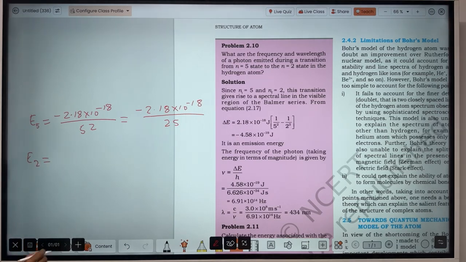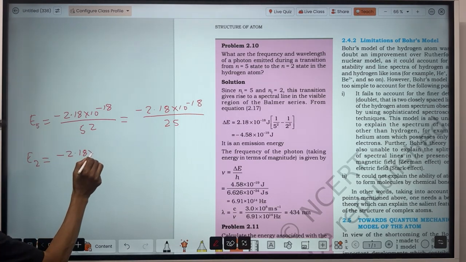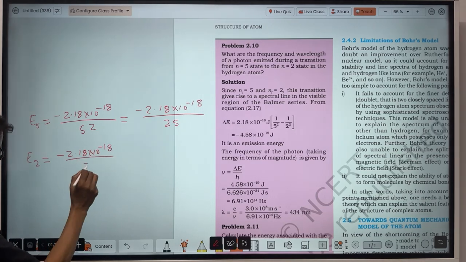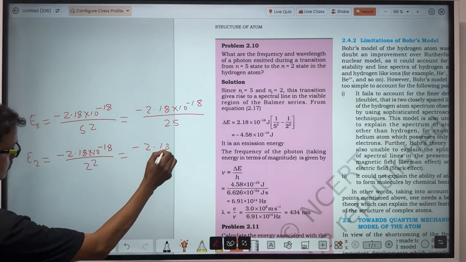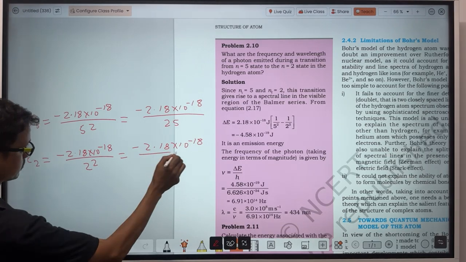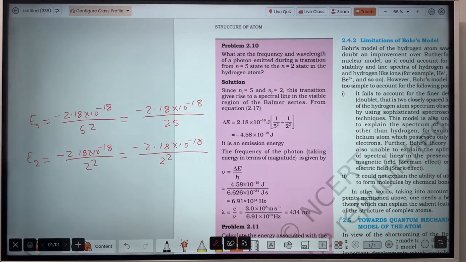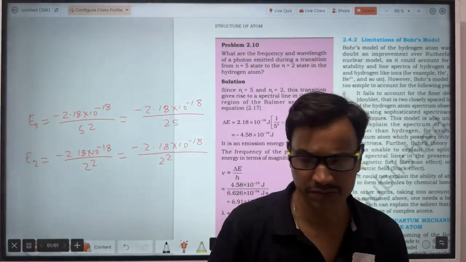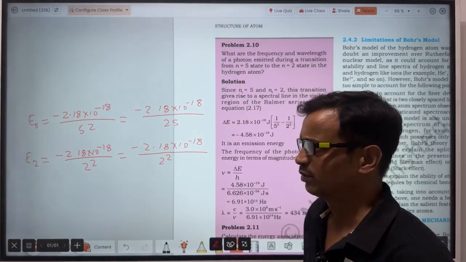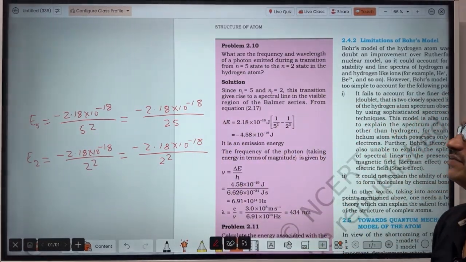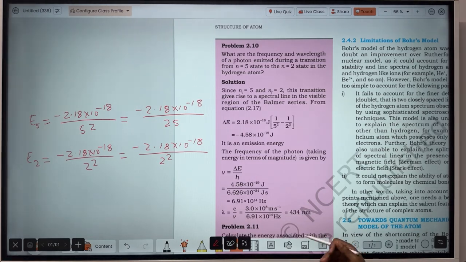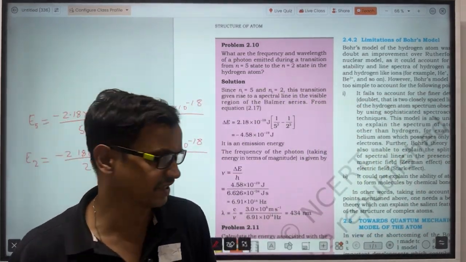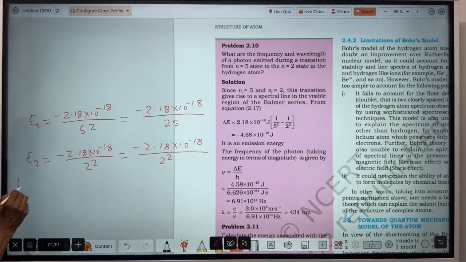The difference of energy will be emitted in the form of radiation. So E5 minus E2 will be the energy of the radiation.